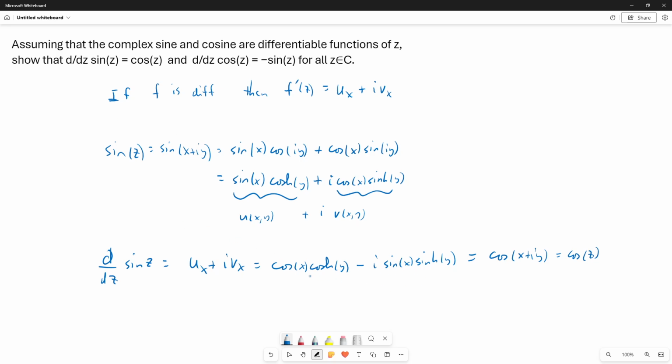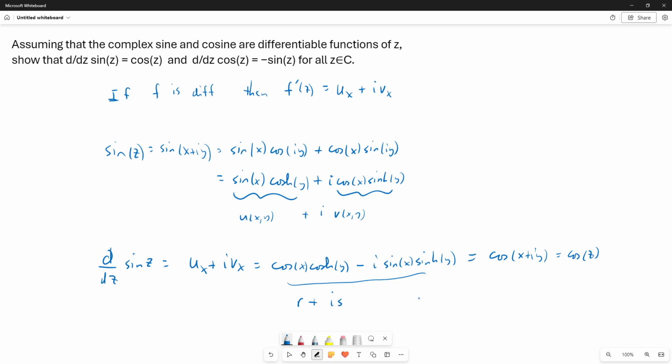And now, using that this is the cosine of z, let's take the derivative of that. So we have a new u sub x and a v sub x to consider. Let's use r and s instead of u and v: r plus is.